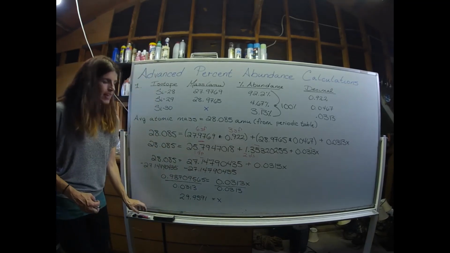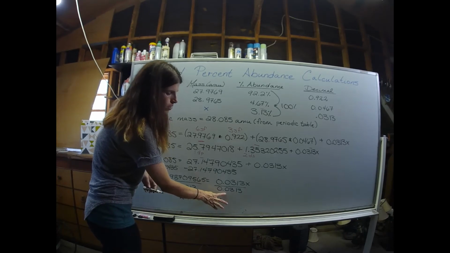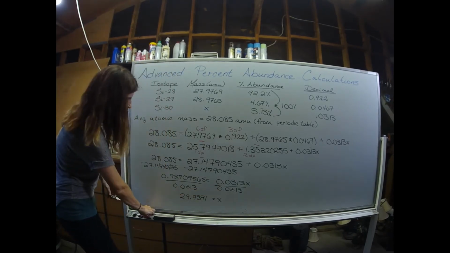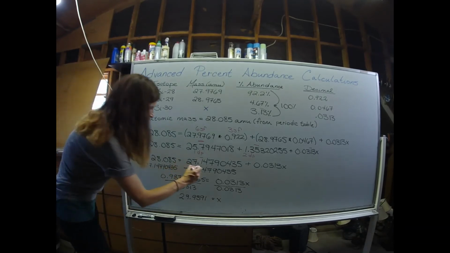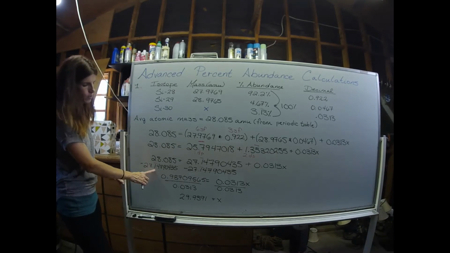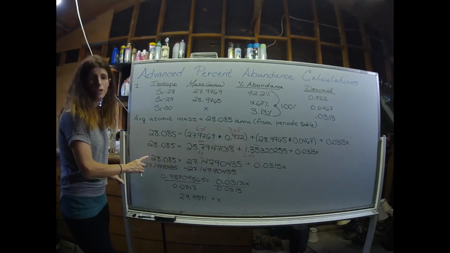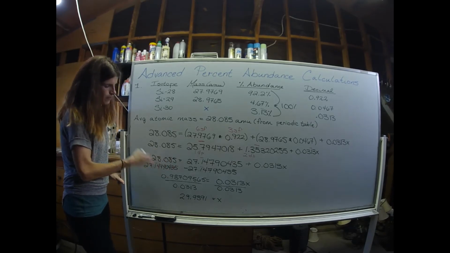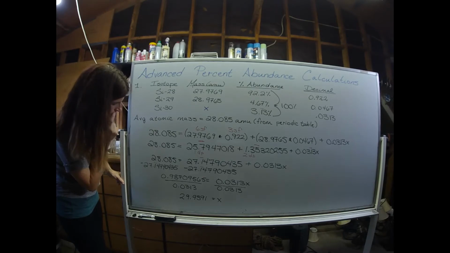I'm trying to isolate the x, so I divided each side by the 0.0313 value. Let's mark the sig figs again. We're going to the tens place with the 27.1. This value we can consider all significant because it came from the periodic table, but we're at the tens place now.